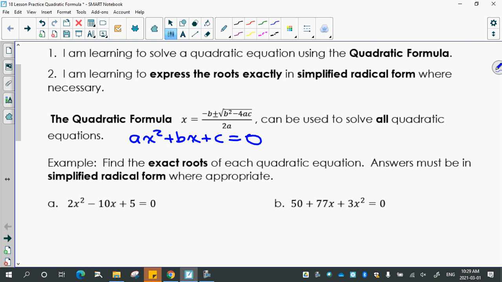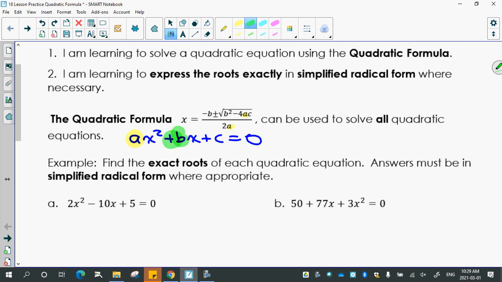So if you see a quadratic equation, you want to put it in this format. A will be the number in front of x squared, and you can see that it's in the formula here and here. And then B is the number in front of x, including the sign.